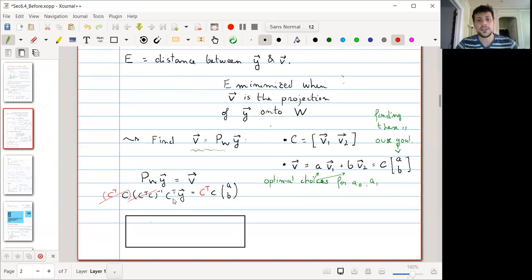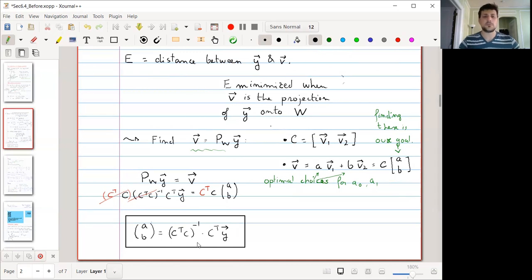And what I'm left with is the following. C transpose y is C transpose C times (a, b). I can multiply again by C transpose C inverse on both sides, and I get the following. (a, b) will be given by C transpose C inverse times C transpose y.